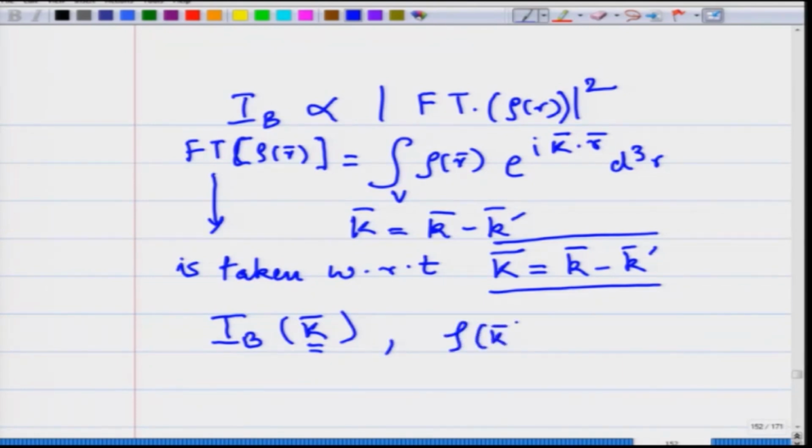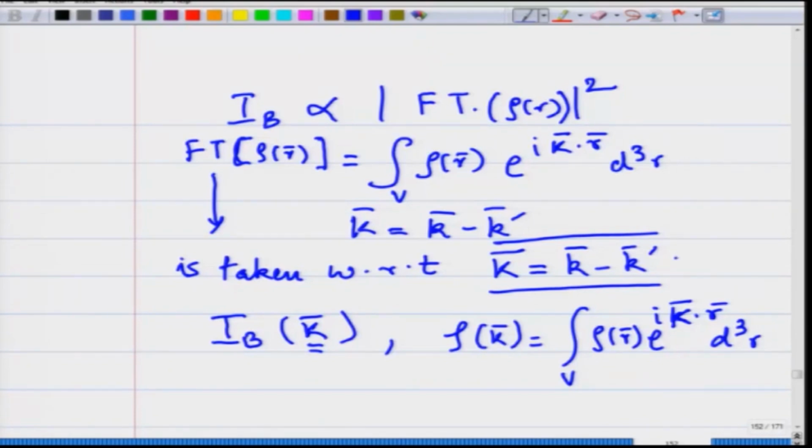The rho of K is nothing else but the Fourier transform of rho of r, the integral of rho of r e raised to i K dot r d cube r. So, if you take the Fourier transform of the density of your crystal, then you will get this quantity, and I of B is related to the square of this quantity.